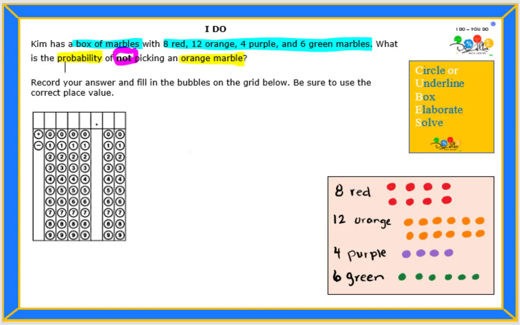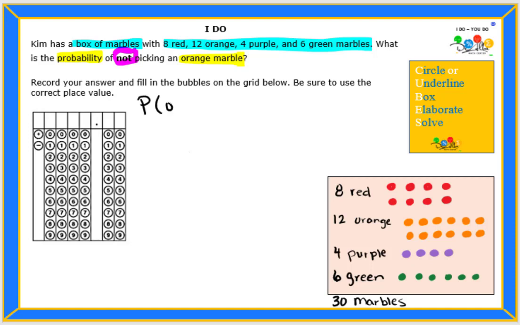So we have a total of 30 marbles. And we can count the dots, the marbles, that represent each marble, and there should be 30.